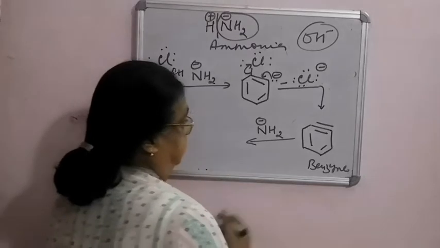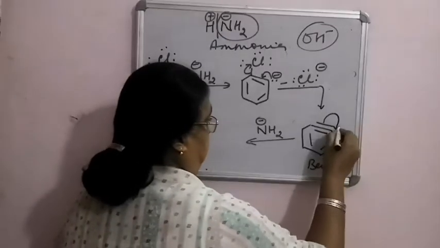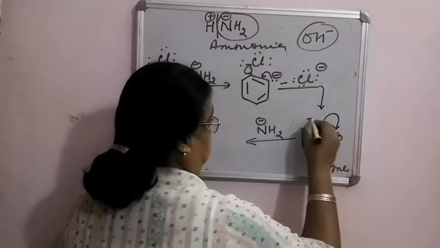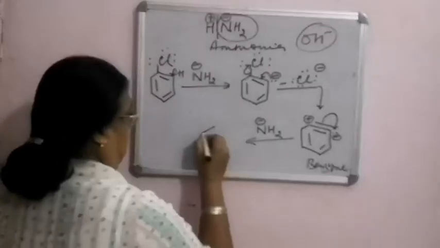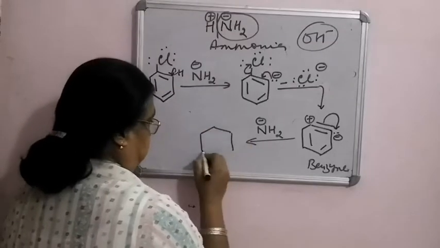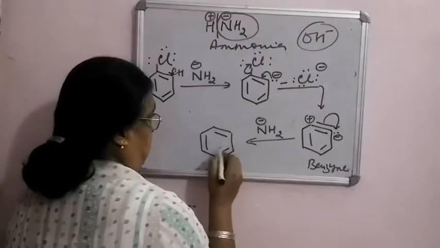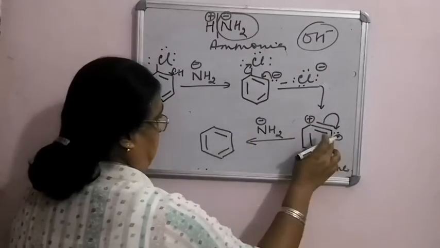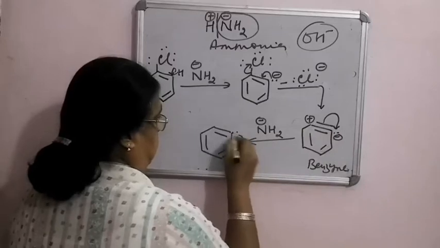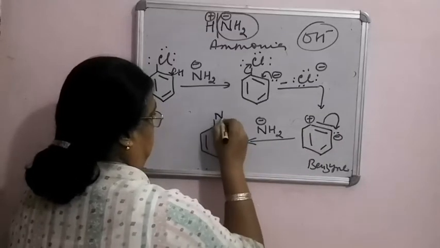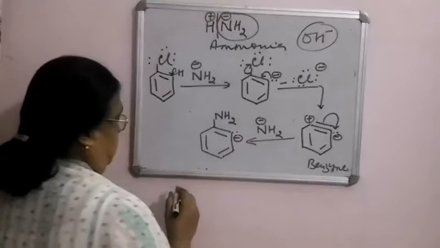What will happen? This bond will break. Here the negative charge, here will be the positive charge. So 1, 2, 3, this is broken, and here is your negative charge. To the positive charge NH2 will be attached.